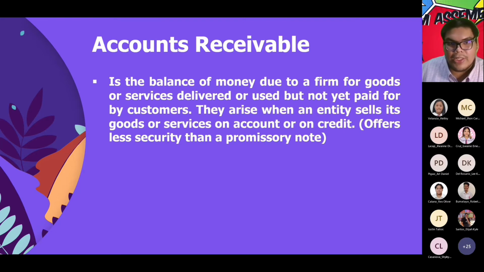They arise when an entity sells its goods or services on account, or on credit. It offers less security than a promissory note. Let's say Sapno got the service but did not pay immediately; he will pay that amount maybe next month. That is accounts receivable.